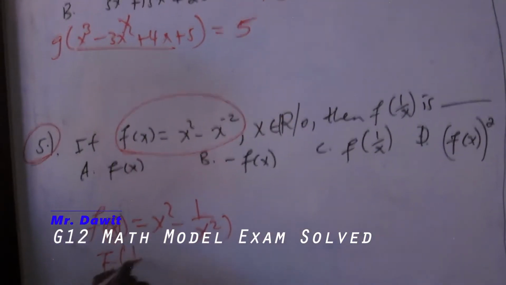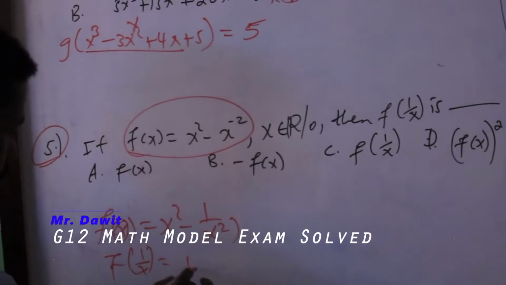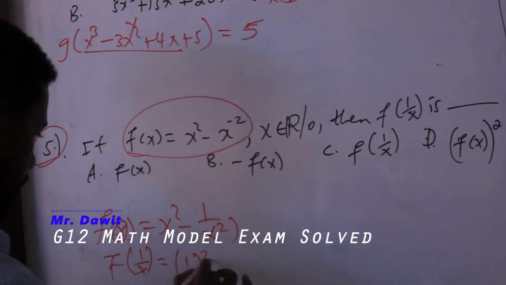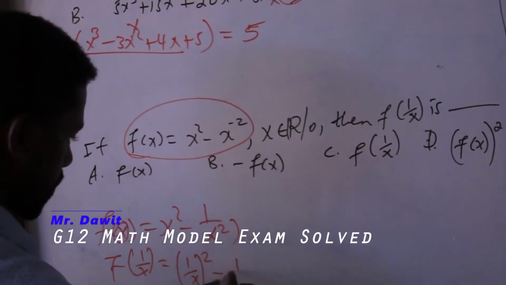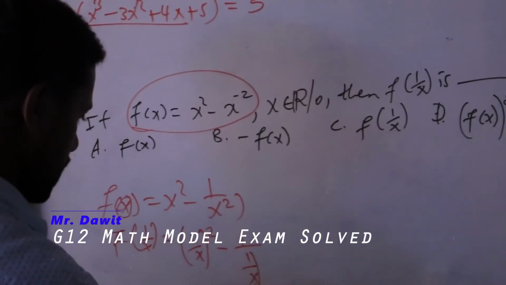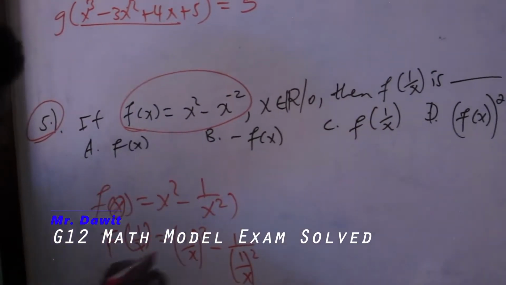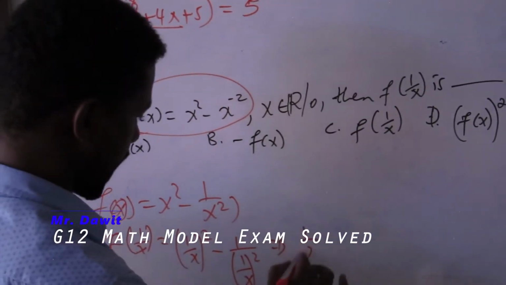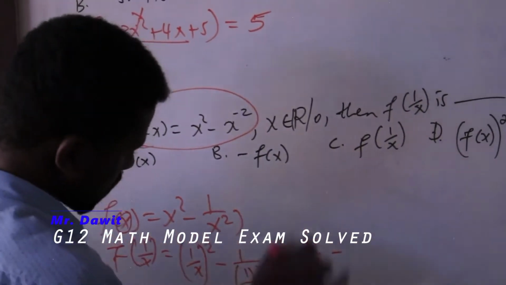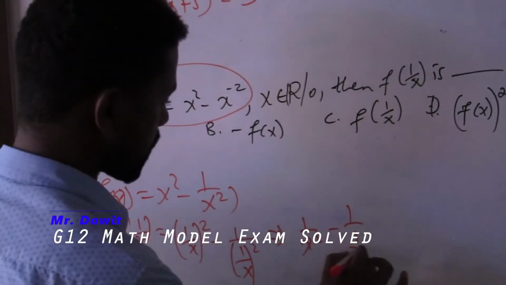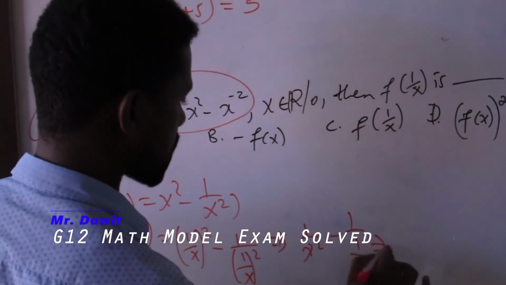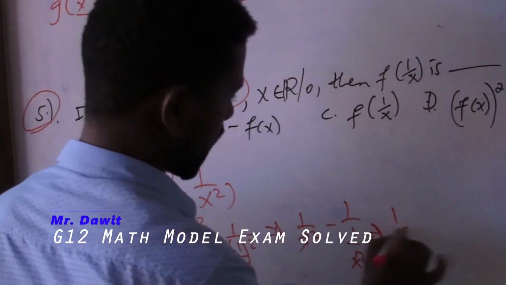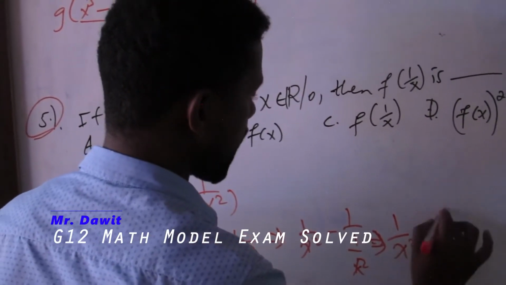So f of 1 over x becomes 1 over x, the whole squared, minus 1 over x, the whole squared. So this becomes 1 over x squared minus x squared.